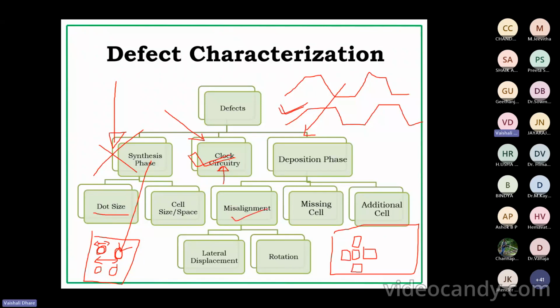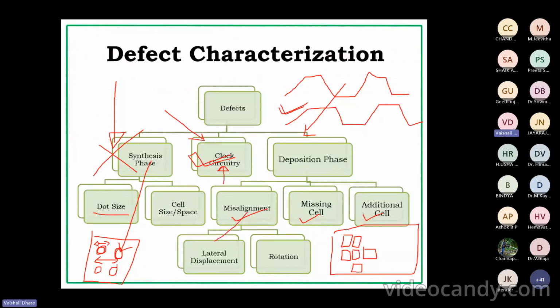There may be a misalignment, where a cell may get displaced from its place. This cell is not going to be placed here. This is completely missed out, a missing cell. Next, some additional cell may be fabricated or placed. So these are deposition phase defects.